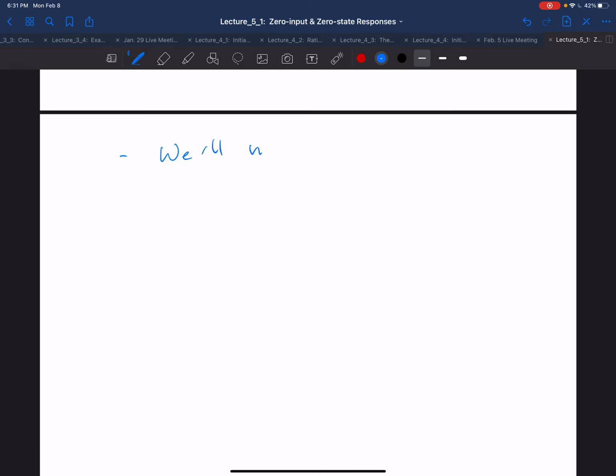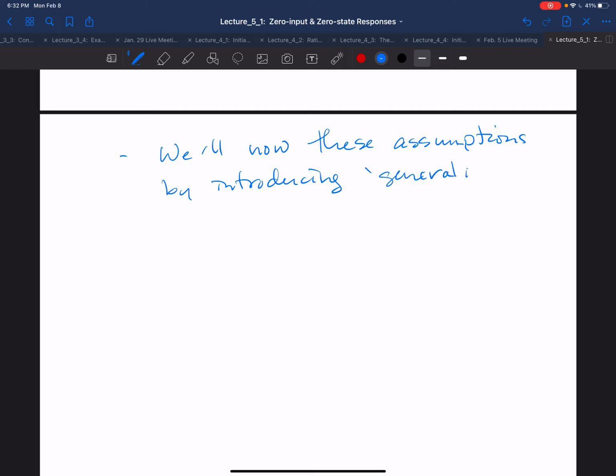So we'll now relax these assumptions by introducing so-called generalized functions, which will play the role of derivatives of functions that are not necessarily continuous but may only be piecewise continuous.